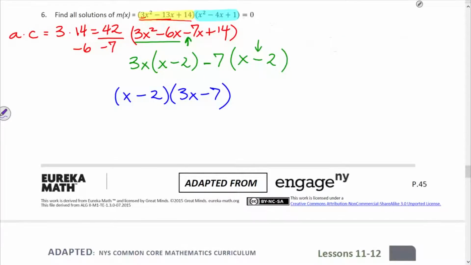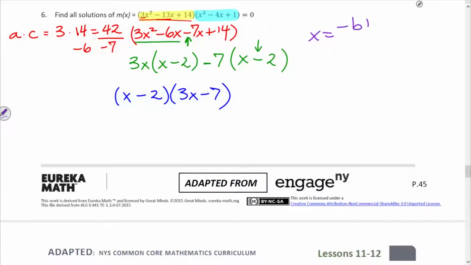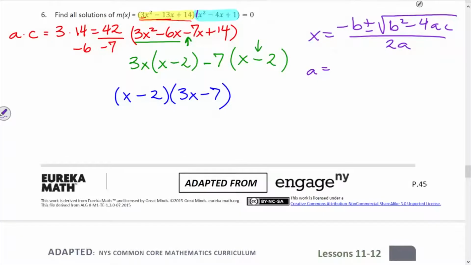If it's not factorable and it's a quadratic, then I'm going to use the quadratic formula. The quadratic formula is negative b plus or minus the square root of b squared minus 4ac all over 2a, where the equation is in the form ax squared plus bx plus c equals 0. So a is equal to 1, this leading coefficient, b is equal to negative 4, and c is equal to 1.